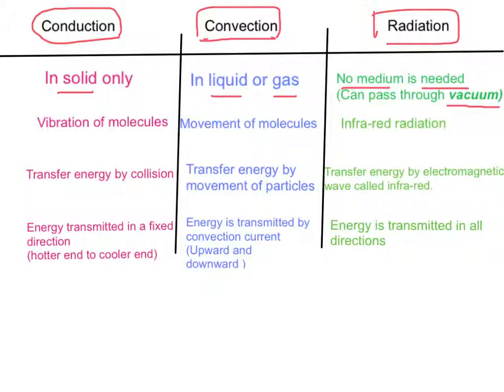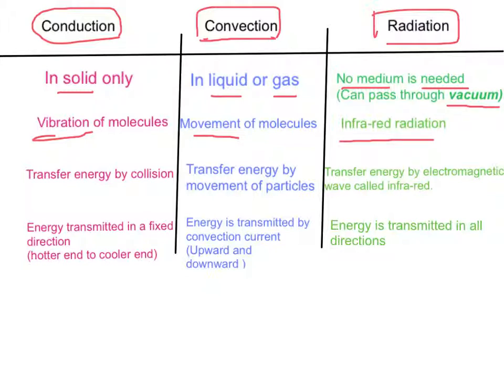Infrared is the most common type of radiation you have learned in this chapter. Next, conduction is due to the vibration of molecules. Convection is due to the movement of molecules. And radiation is due to the propagation of infrared radiation.